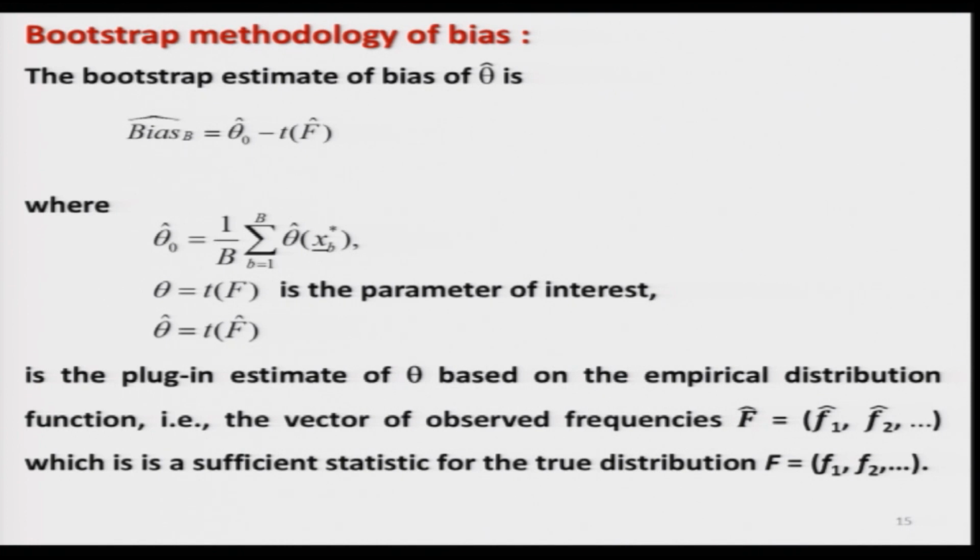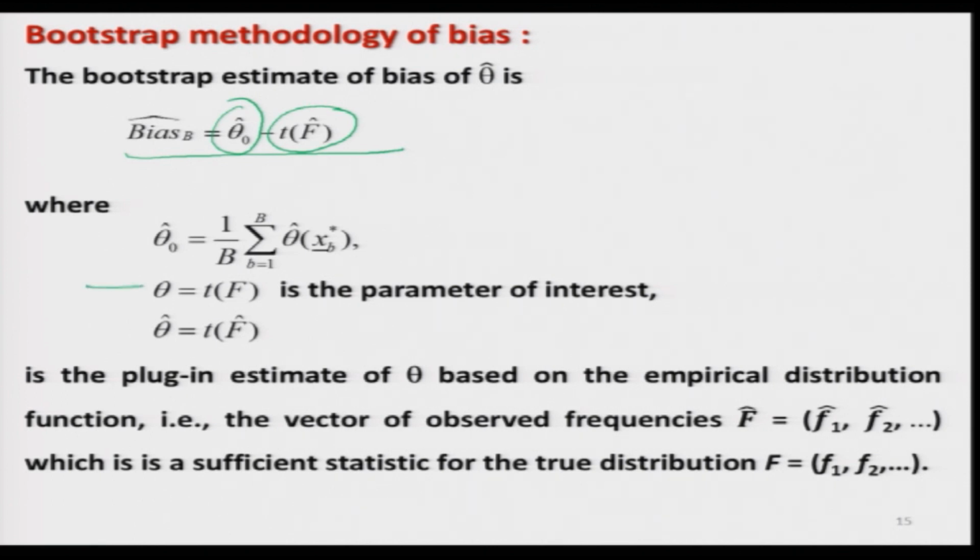Now, in case you want to find the bias of this estimate, it is very simple. The estimate of bootstrap bias can be obtained by just using the bootstrap estimate of theta hat minus its empirical distribution function, right.